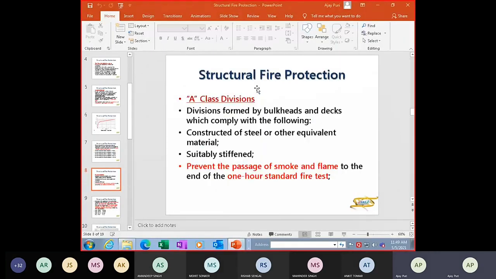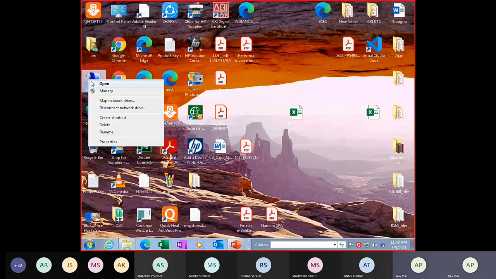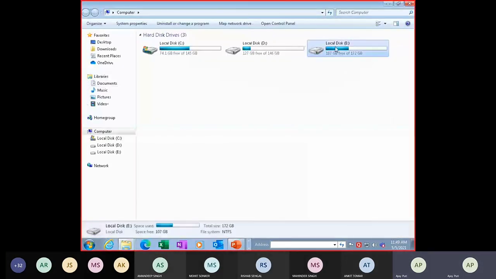Now, what is a stiffening? You might have forgotten about stiffeners and all, which you've done in second mates. So let me show you what are stiffeners.